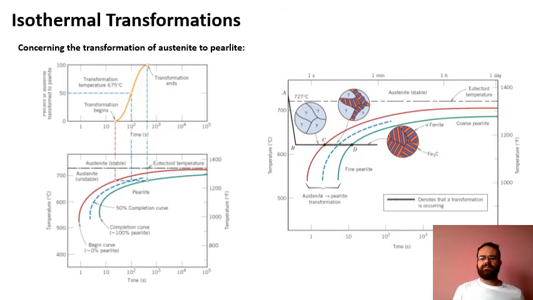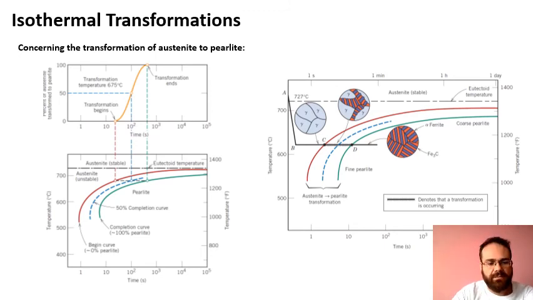Now, just to wrap up, these kinetics which were obtained for the JMAK equation, and which we showed to be valid for recrystallization processes, can be used to explain general diffusive transformations, including the transformation of austenite to pearlite.